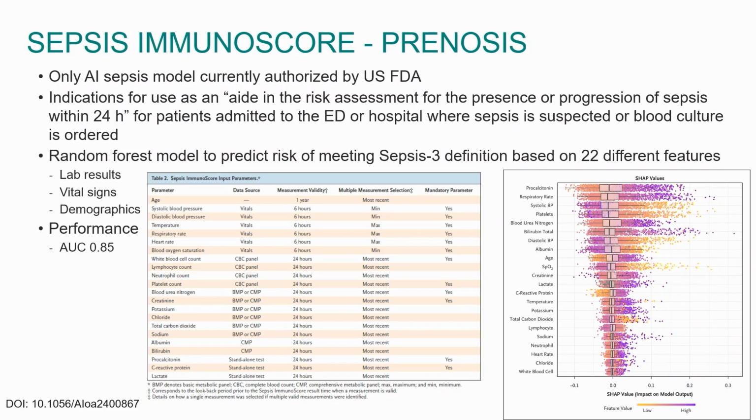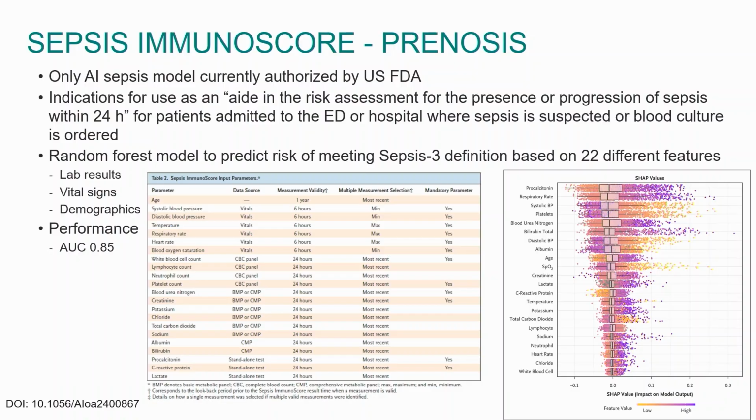One of the algorithms I like to take a look at is the Sepsis ImmunoScore from Prenosis. I like it because it is currently the only FDA-cleared sepsis algorithm available in the United States. Its indication for use is as an aid in the risk assessment for the presence or progression of sepsis within 24 hours of being admitted to the ED or the hospital, where sepsis is suspected or a blood culture is ordered.